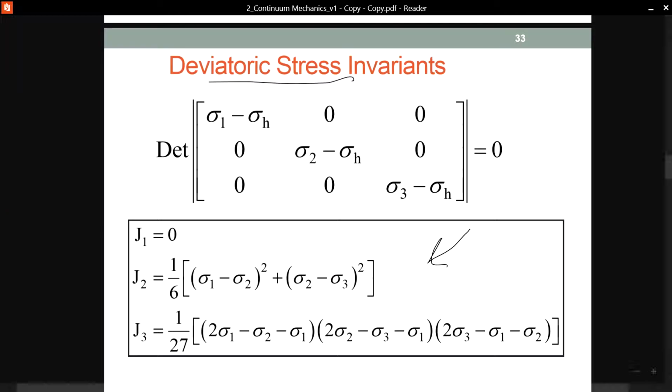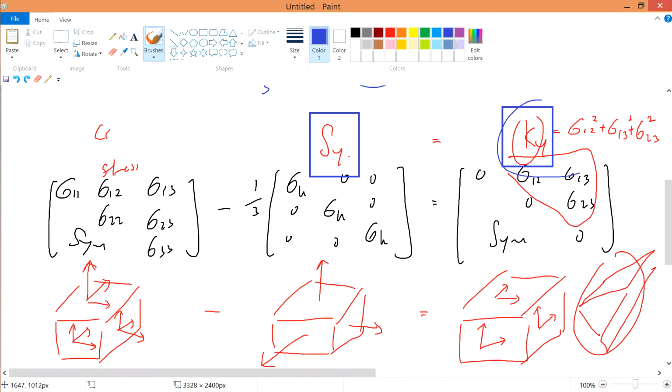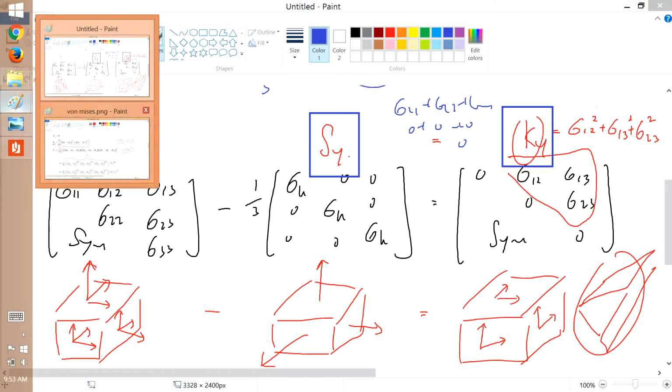So if you come back to this deviatoric stress, this portion over here is simply 0. So sigma 1 1 plus sigma 2 2 plus sigma 3 3 is simply 0 plus 0 plus 0, which equals 0. That's all. So J1 itself is simply equal to 0.